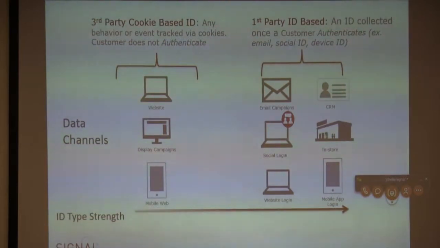Even if I do that, I still have to relate that information to the outside world. We're going to go buy media on a publisher site or someplace else. I have to take that first-party identifier and know that it correlates to all of these third-party identifiers. Having deep confidence in the first party lends us to be able to do that better than trying to come the other way.